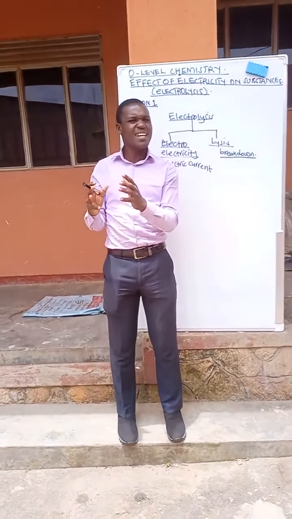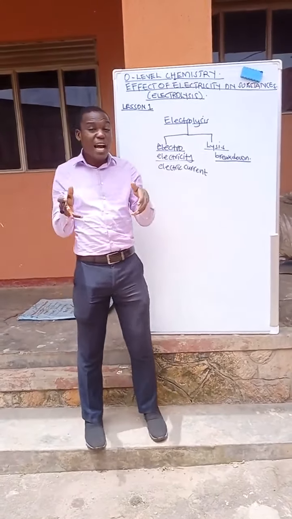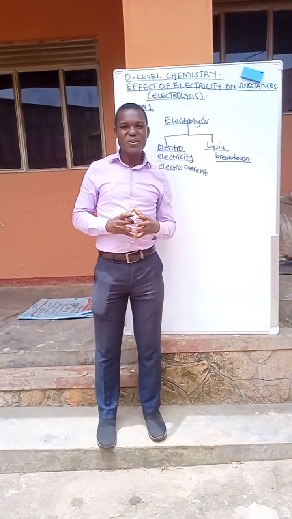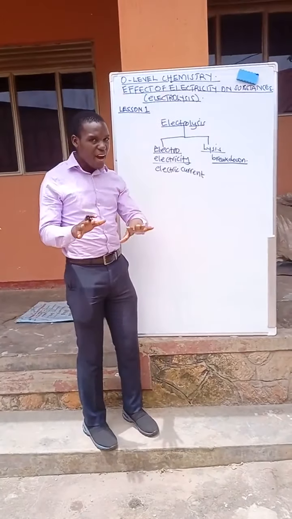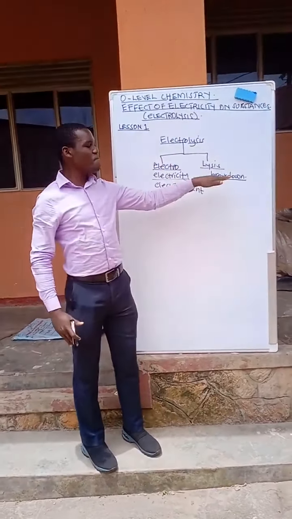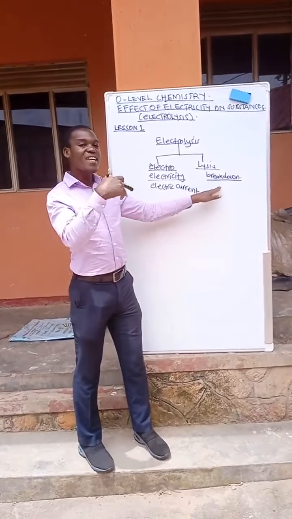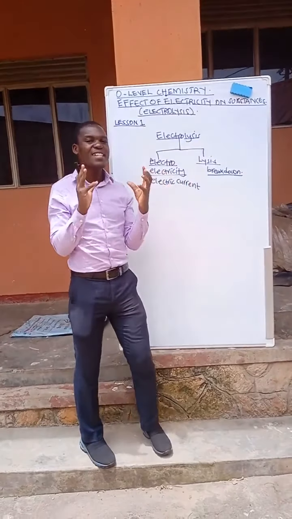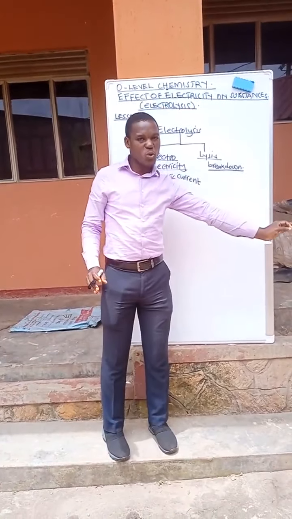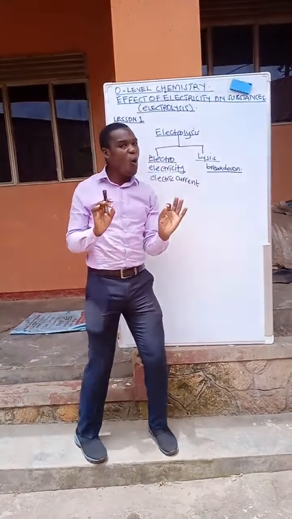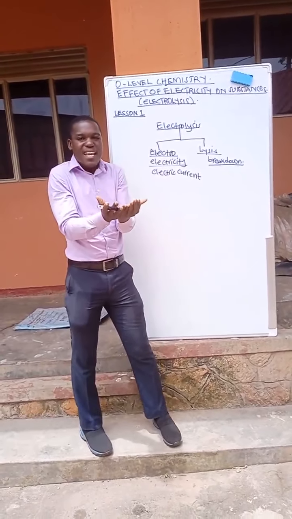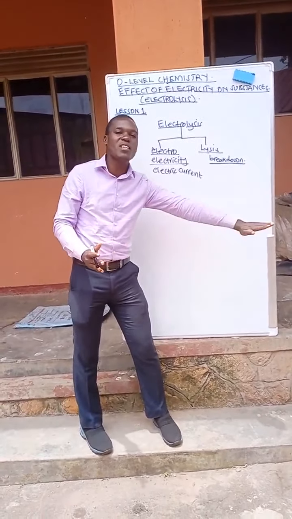However, we shall see that there are a few other compounds which are not ionic, but they can also be decomposed using electricity. These ionic compounds must be in their solution form, or aqueous state, or molten state. That is, when you heat the ionic compound up to its melting point.